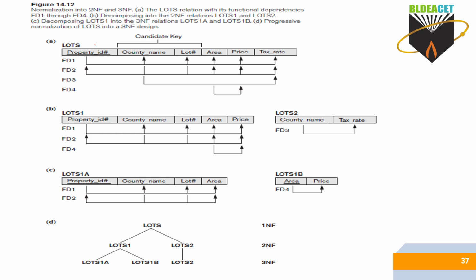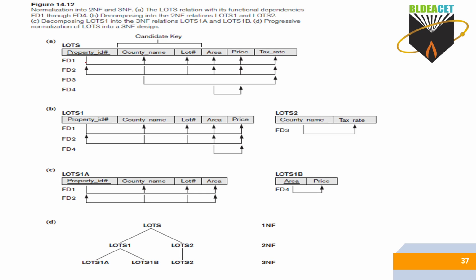This is the lot relation, based on the location property, with property ID, county name, lot, area, price and tax rate. These are the attributes of this lot relation. Here property ID is the primary key, and county name and lot are the candidate key of this relation.